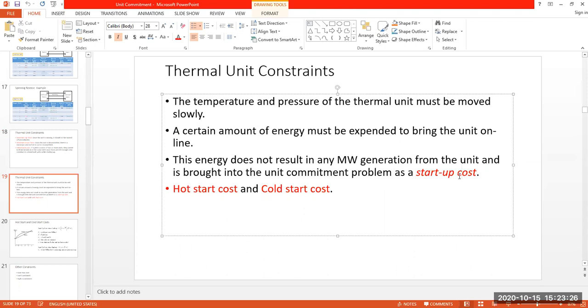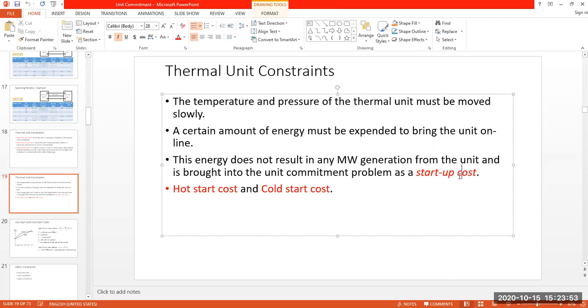This startup cost can be categorized into two. One is hot start cost, another one is cold start cost. What is hot start cost and what is cold start cost? Before I explain it, let me ask you a question.